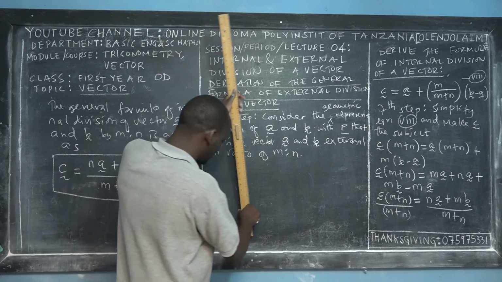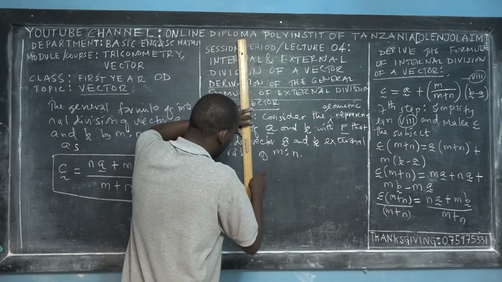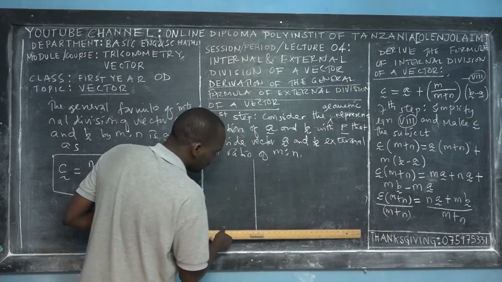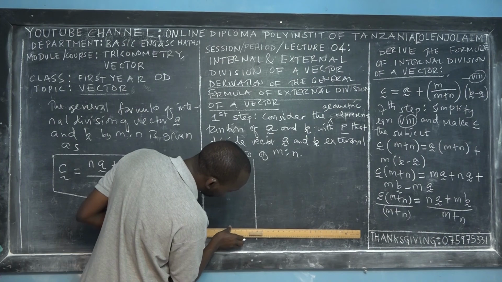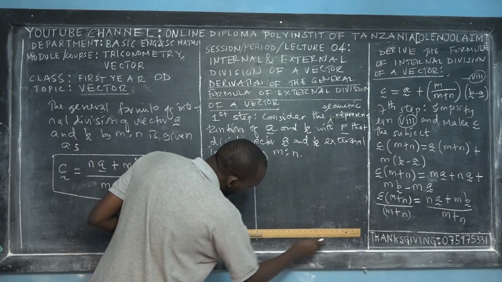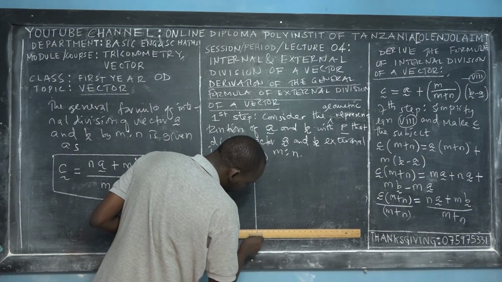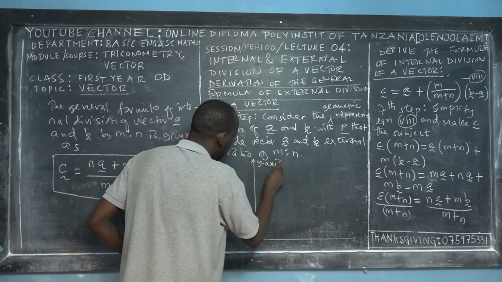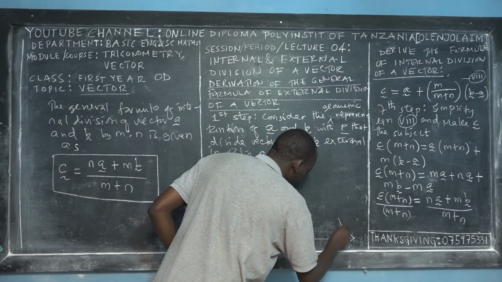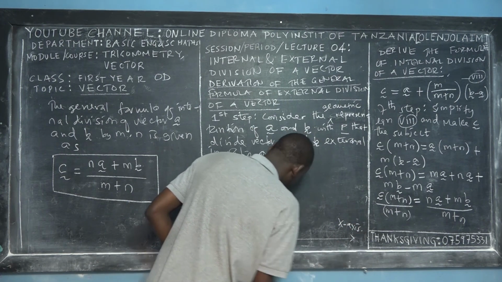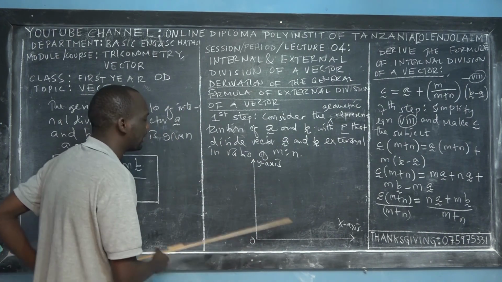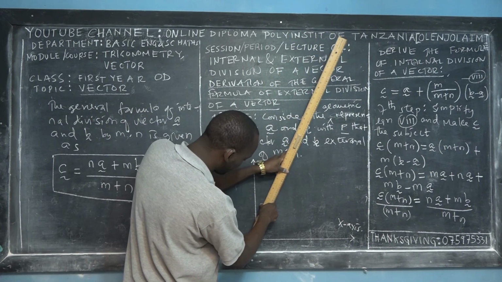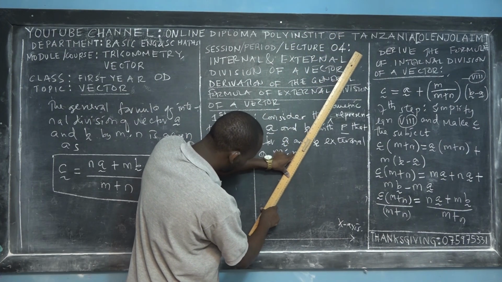So we want to draw the geometrical representation. We have two position vectors. Please be serious, look at the difference between the geometrical representation of internal division of a vector and external division of a vector. This is the y-axis, this is the x-axis, this is the origin, positive y-axis, positive x-axis. And then we have our position vectors here.